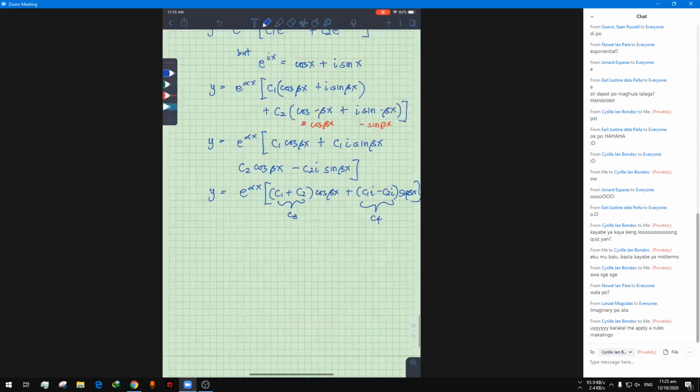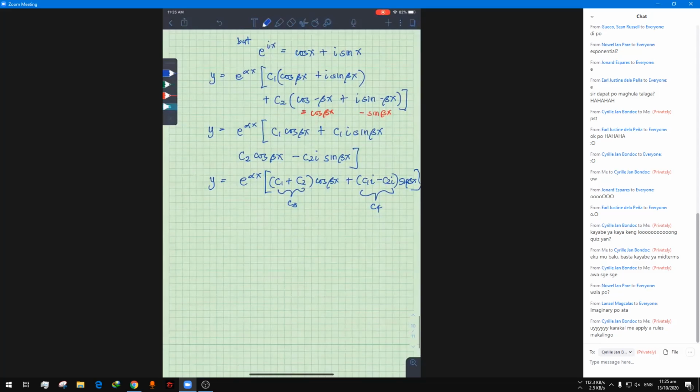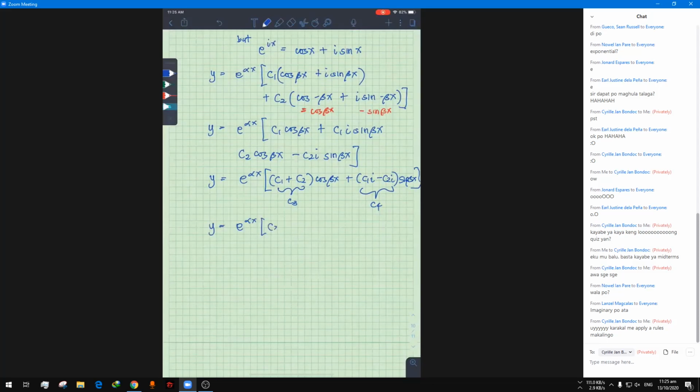So y then would be equal to e raised to alpha x C3 cosine beta x then plus C4 sine beta x. Or in short, y would be equal to C3 e alpha x cosine beta x plus C4 e alpha x sine beta x.